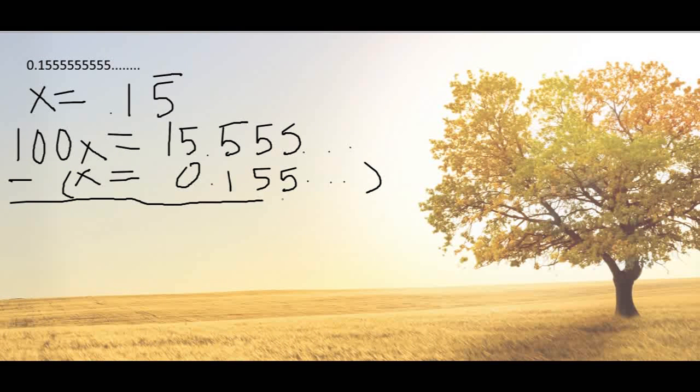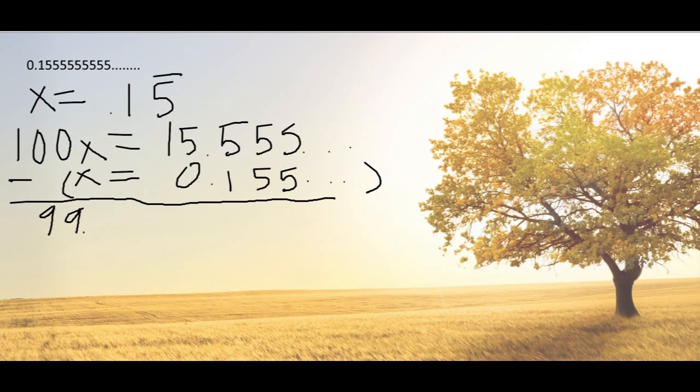Okay. Over here we'll get 99x. And then 5 minus 5, that's 0. 5 minus 1, that's 4. That's an ugly 4, sorry about that. And that's 15.